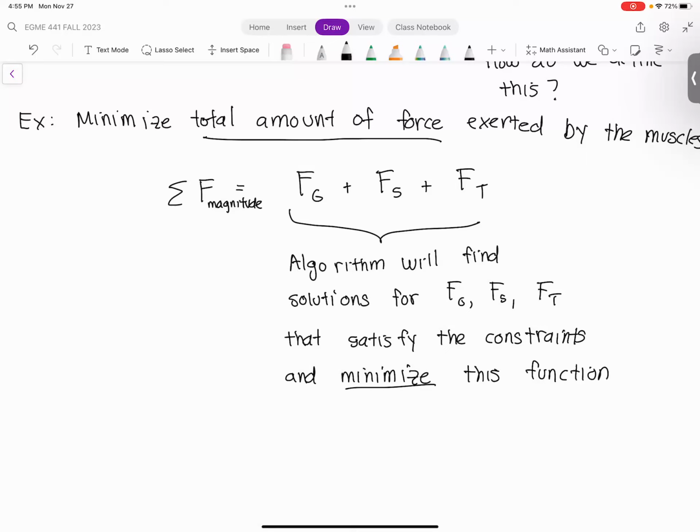Okay. And so a solution is going to be deemed more optimal than another if it minimizes this function.